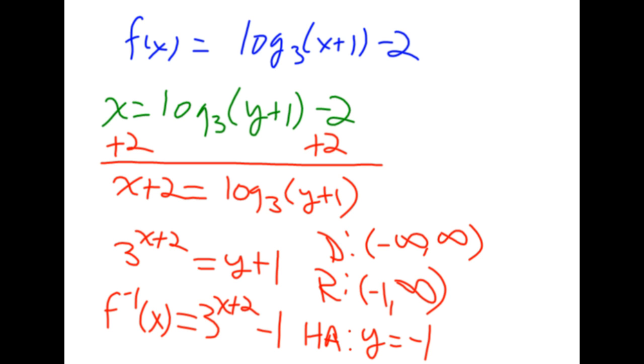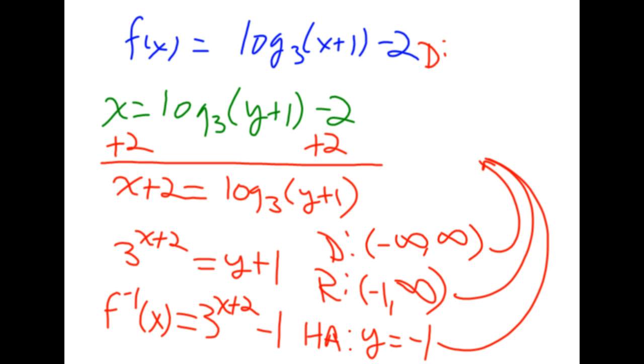Now, without even looking, I can take these numbers and plug them up here in reverse order. I know that the domain of the original equation should be negative 1 to infinity, because that was the range of my inverse. The range should be from negative infinity to positive infinity, since that was the domain of my inverse. And the original equation will have a vertical asymptote, since my inverse had a horizontal asymptote, and it'll be x equals negative 1.